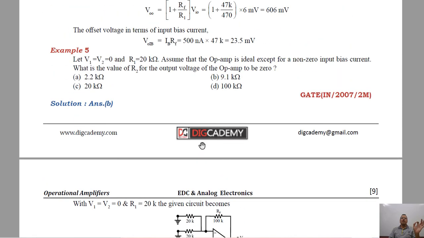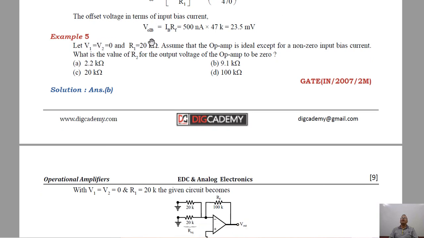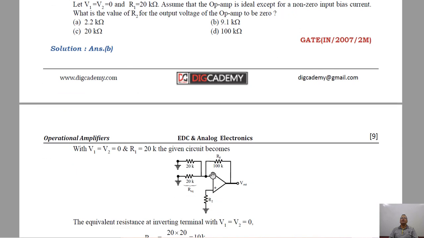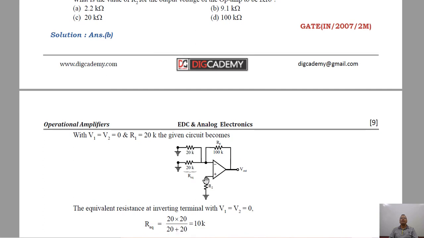Remember that output offset voltage will be 0 if and only if input bias current is same for both input terminals. That condition I have already introduced. If nothing was given, I am assuming the input bias current at this terminal is the same as this, only then output offset voltage because of input bias current becomes 0.